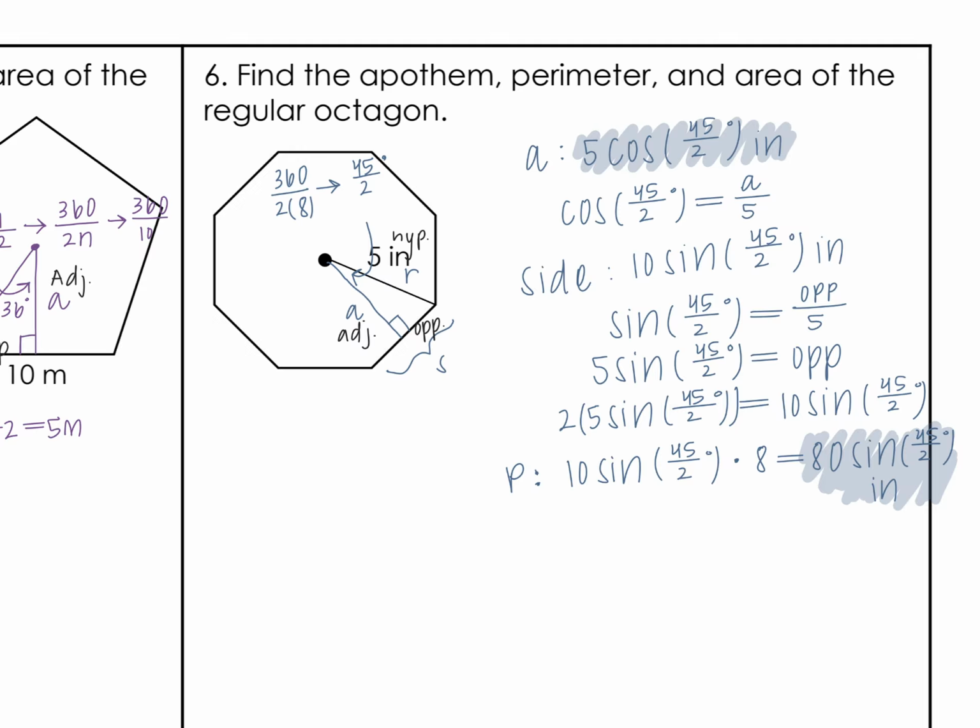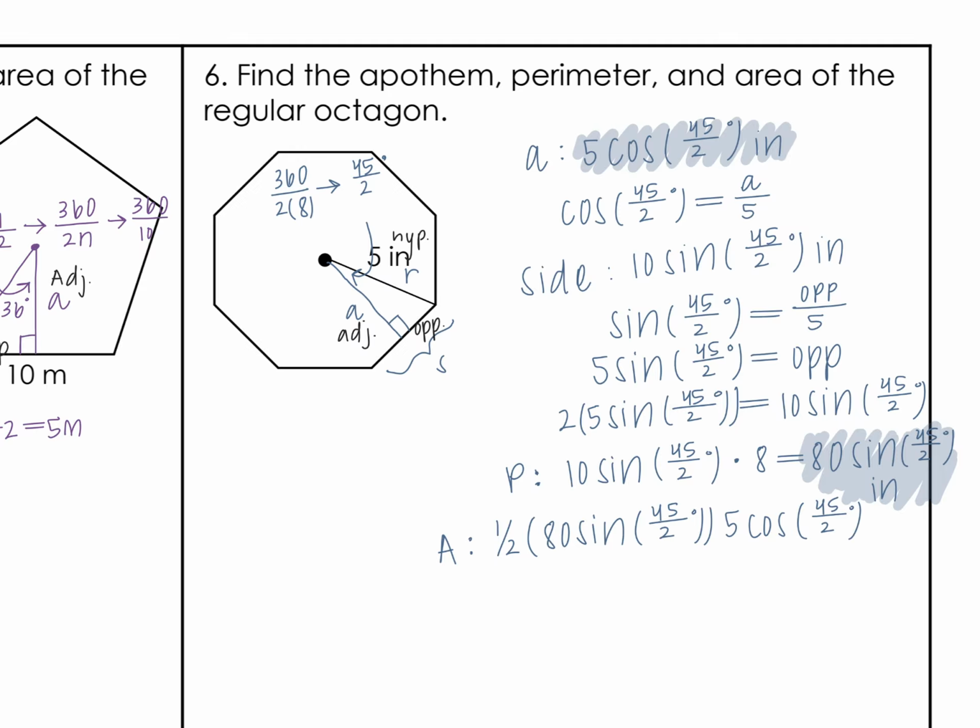All right, and now to finish it up, we are going to find the area by multiplying everything together. Okay, so I've got 1/2 of that perimeter, so that 80 sine of 45 over 2 degrees times my apothem, which is that 5 cosine of 45 over 2 degrees.